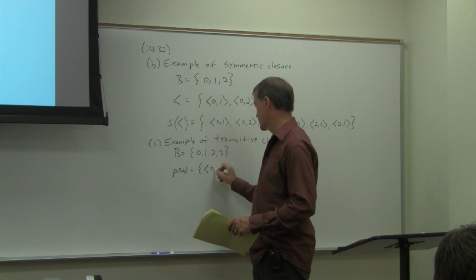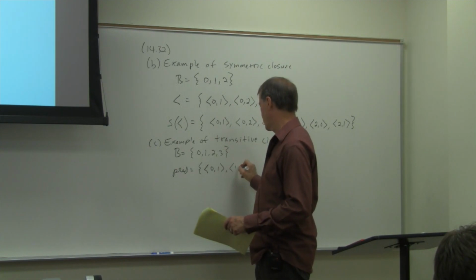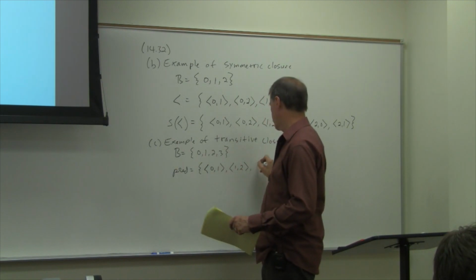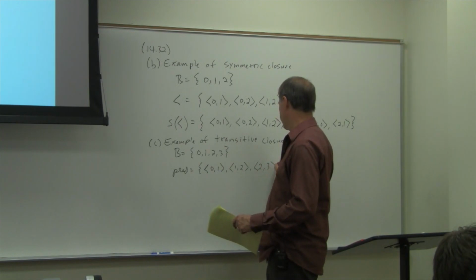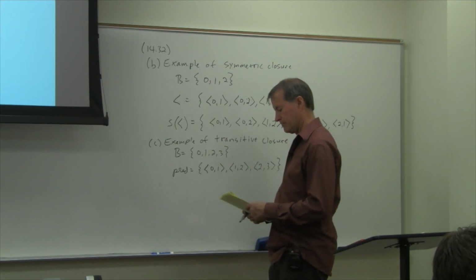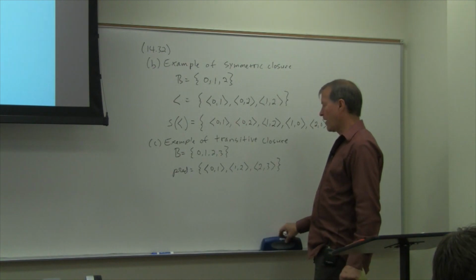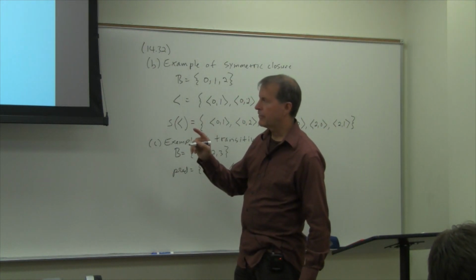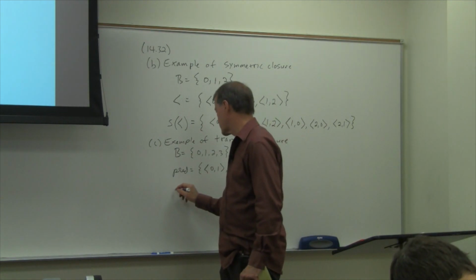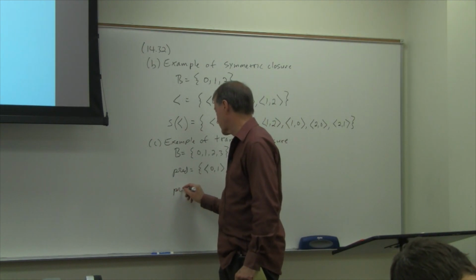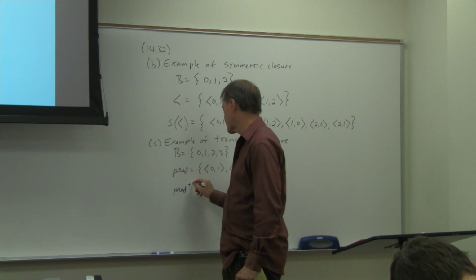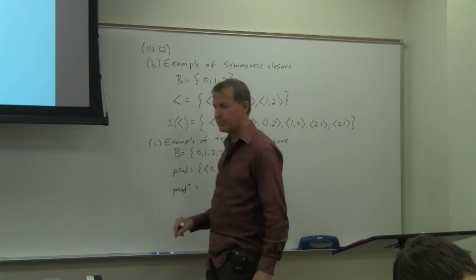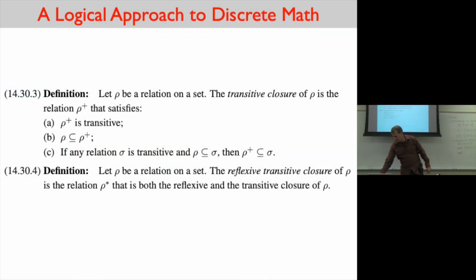Remember how that worked? 0, 1, 1, 2, 2, 3. Now what we want is the transitive closure. The notation for that is pred plus. You put a superscript plus, that's the notation for the transitive closure of rho.